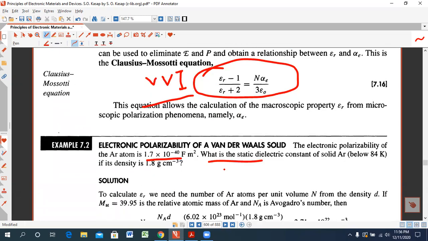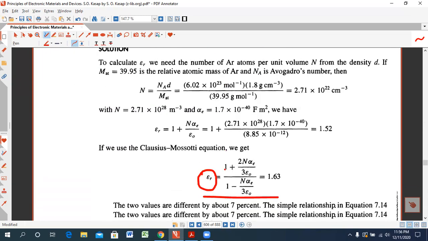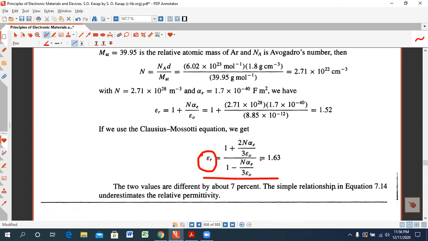So if in any exam someone asks, prove that epsilon r equals this from the Clausius-Mossotti equation, this is nothing but some mathematical calculations, isn't it? I think you can easily find out these sort of things.